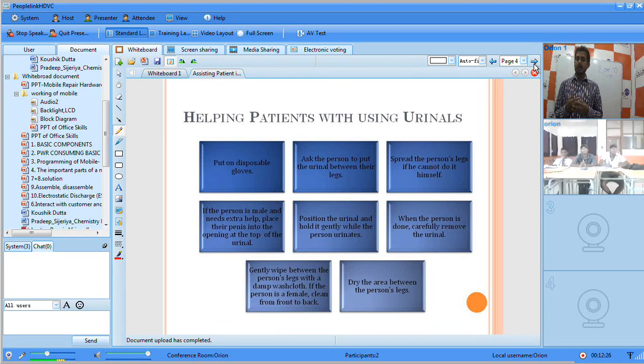You need to ask the patients whether he or she is comfortable to move to the washroom or not. If they are unable to move to the washroom or the urinal, then you have to arrange a disposable container in which the patient can pass urine.